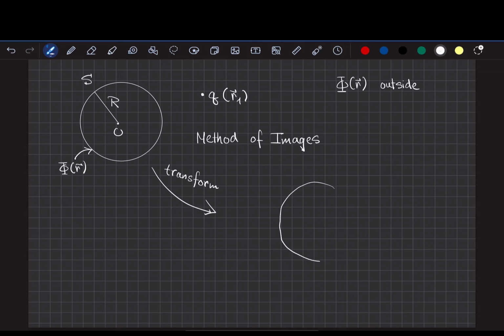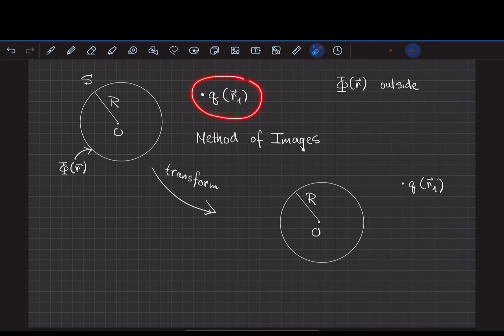So in this problem, we again have a spherical surface with the same radius R, and we have the same point charge Q because we need to keep the charge density in the volume V, that is outside the sphere, the same as the previous problem. So this charge density and this charge density have to be the same. And we also have to keep the boundary condition the same.